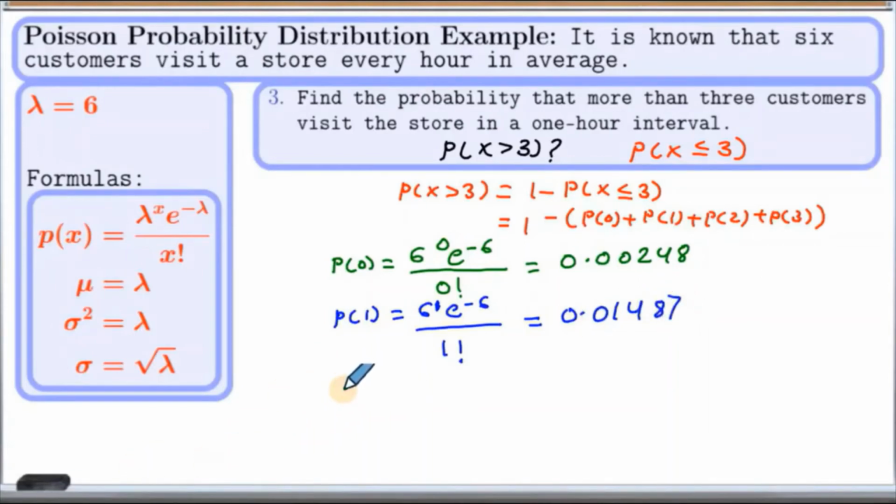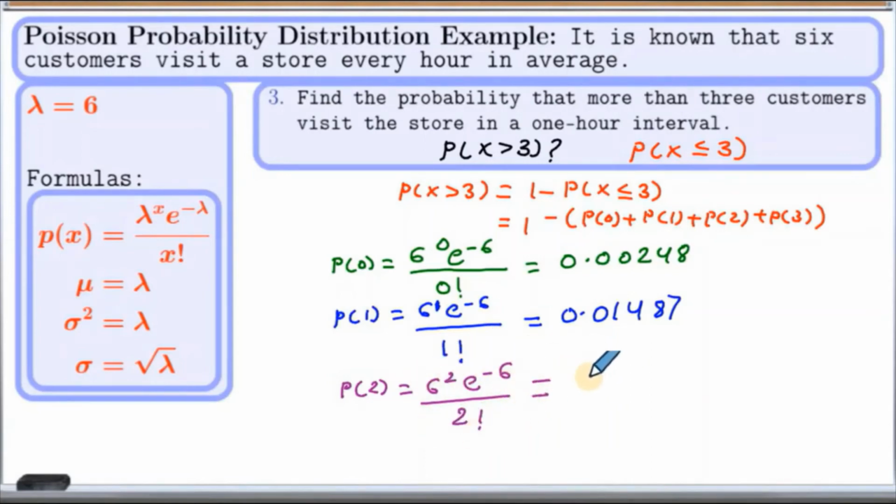Let's find the probability of 2. Our lambda will be the same. Our x will be 2. So we get this by putting values of lambda and x in the formula. So now you can put this whole thing in a calculator.